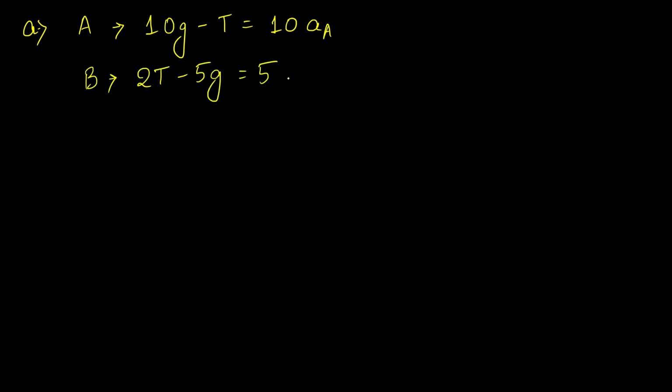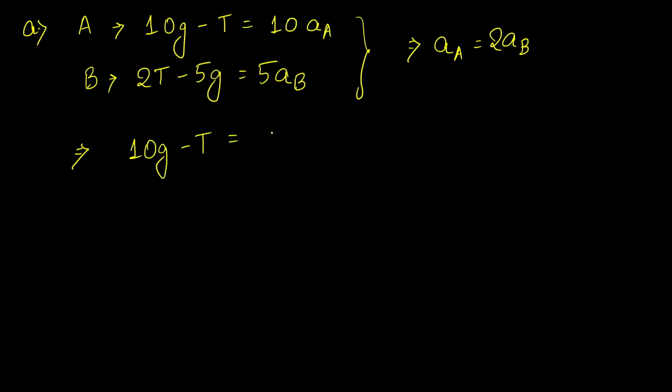So for case A, mass A, 10g minus T is equal to 10 a_A, and for B, 2T minus 5g is equal to 5 a_B. But here acceleration of A is equal to 2 into acceleration of B, that we know. So let me write once again. 10g minus T is equal to 10 into 2a_B, that is 20a_B, and 2T minus 5g is equal to 5a_B.